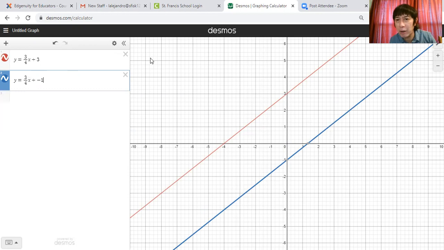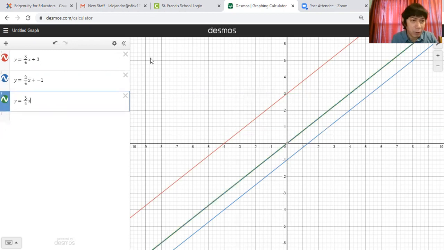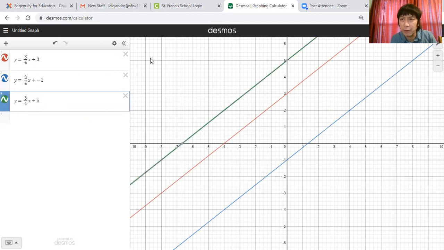Okay, I can have one more passing through positive 5. So if we have y is equal to 3/4 x, and then we will have to add a positive 5 there. It passes through the positive 5 there. So you see these three lines, the green and the red and the blue, are all parallel. And you can notice the slope. They are identical. They're the same.